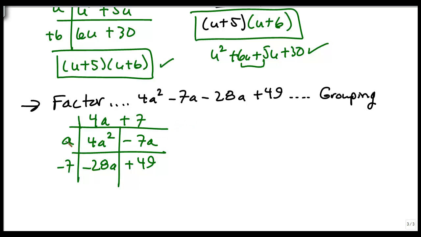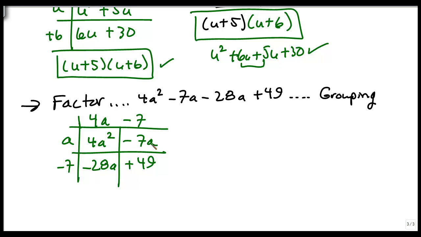Okay, so let's check this out. A times 4a is 4a squared. A times 7, oh, that's not negative 7a, so that means I have a mistake. So we need to go back and say, okay, well, this has to be a negative 7 in order for this to work. So on this second column, I could have factored out a positive or a negative, but I went with the positive and I was wrong, and I can double check it when I take a times negative 7.